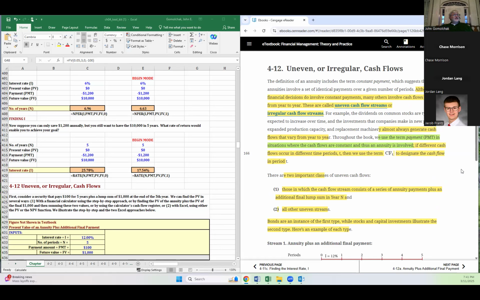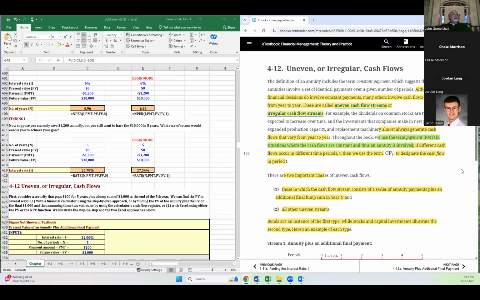Many financial decisions do involve constant payments. Many others involve cash flows that differ from year to year. These are uneven cash flow streams or irregular cash flows. If you're going to make a new product, expand production capacity, replace machinery, it's always going to generate cash flows that vary from year to year.